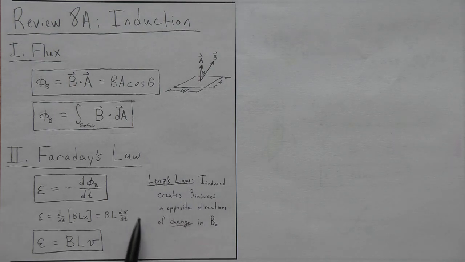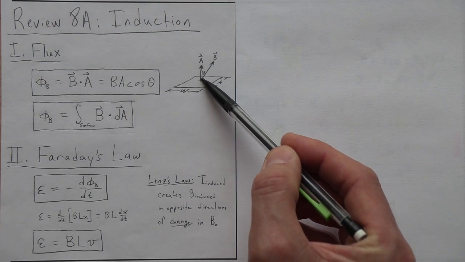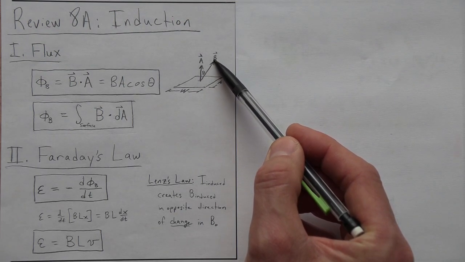Lenz's law is how we figure out the direction of the induced current. This is just me trying to write it in as few words as possible. You can look it up online or in a book and probably get a more thorough explanation. But basically, the I induced creates a B induced in the opposite direction of the change in the magnetic field. What do I mean by the change in the magnetic field? Let's suppose I've got B going like this, and then I decrease it.